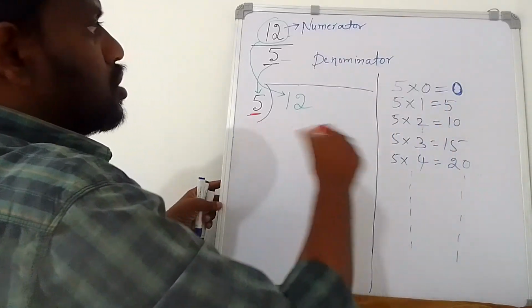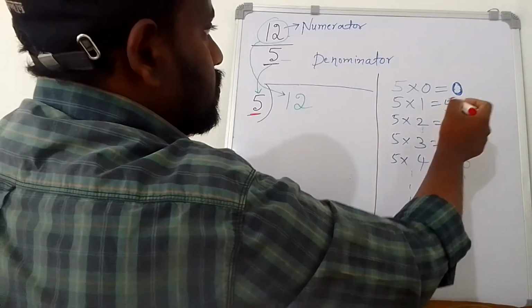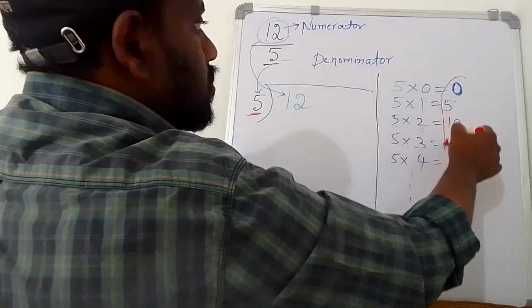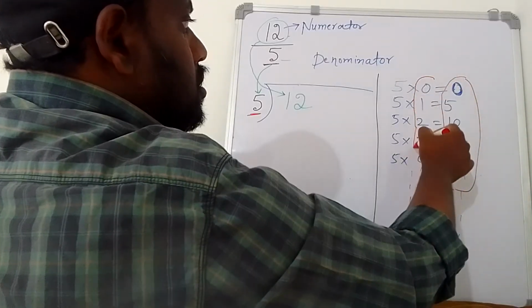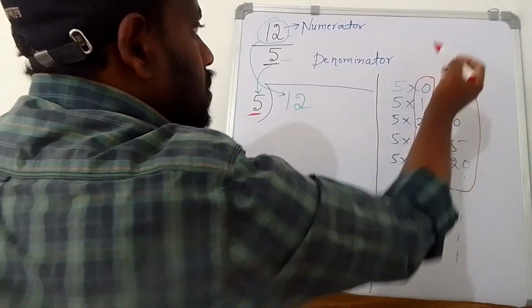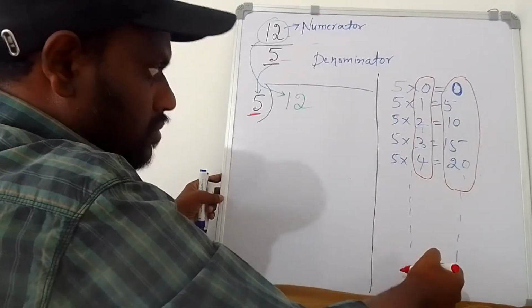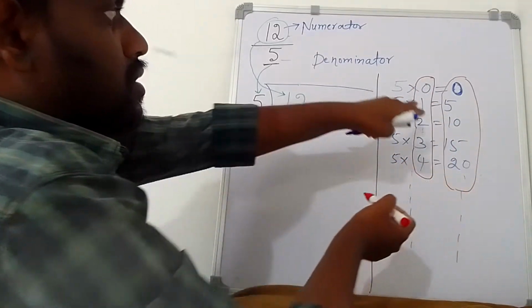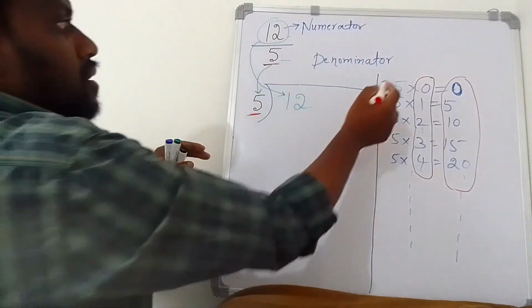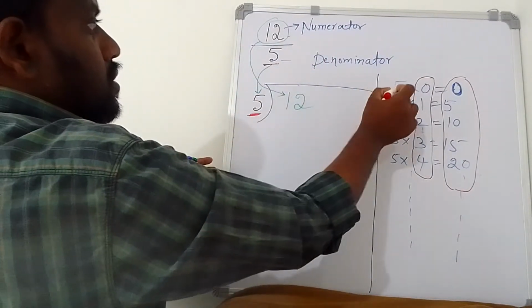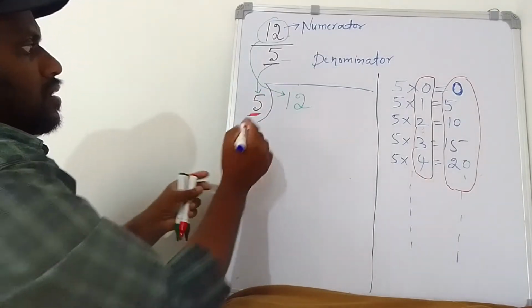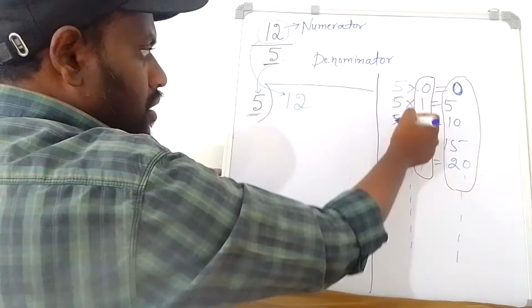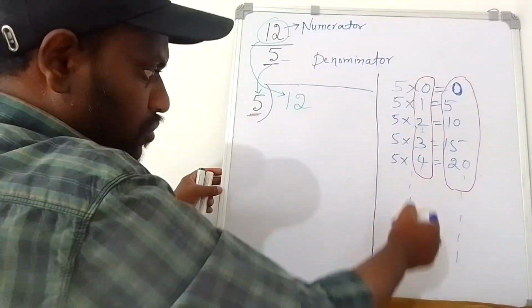Now, in this case, you mainly concentrate on this part and this part. This 5 is the same here because this is the table of 5. This 5 is already taken here, so in this column all should be 5s only.